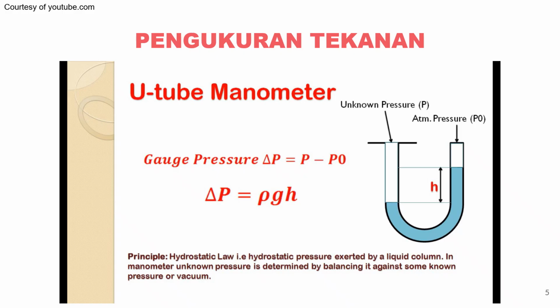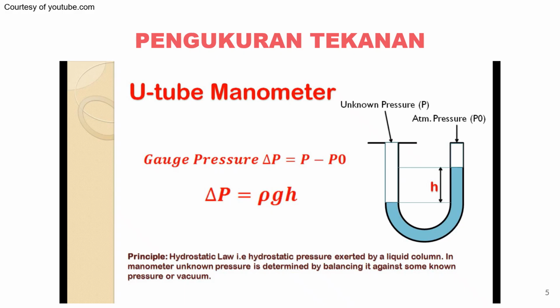One end of the manometer is connected to a pipe or a container having a fluid whose pressure is to be measured, while the other end is open to the atmosphere. The lower part of the U-tube contains a liquid which is immiscible with the fluid whose pressure we are measuring, and it is of greater density than that of the fluid.